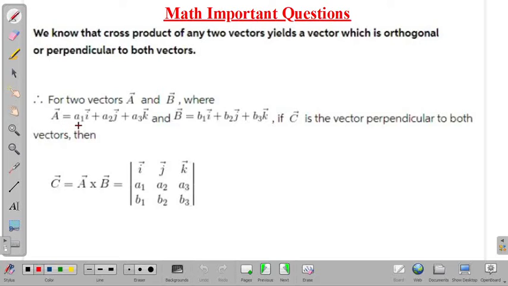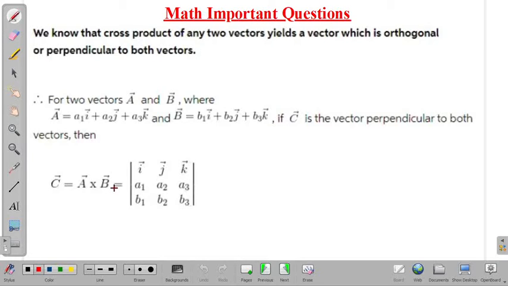Vector a is equal to a1 i cap plus a2 j cap plus a3 k cap, and similarly suppose vector b is equal to b1 i cap plus b2 j cap plus b3 k cap, and c is the vector which is perpendicular or orthogonal to these two vectors. So we can obtain the c vector as a vector cross b vector.